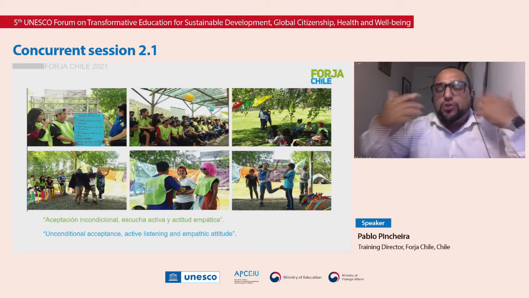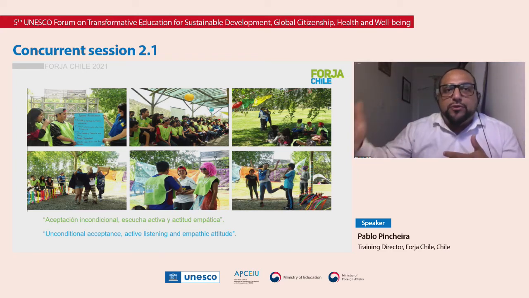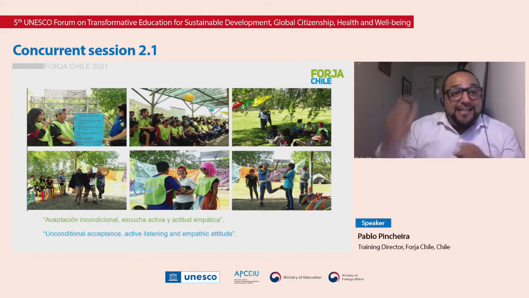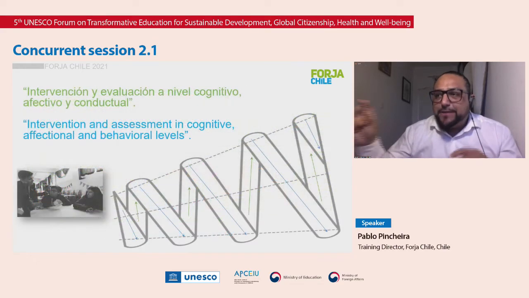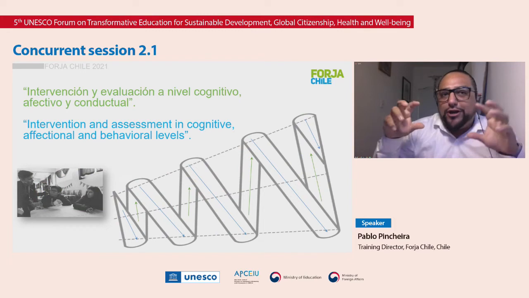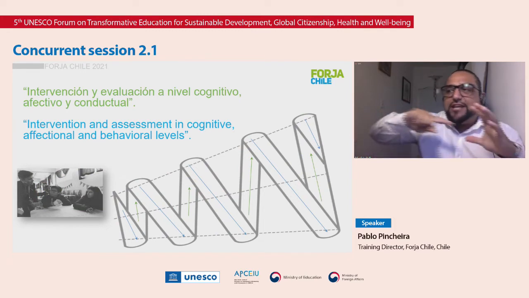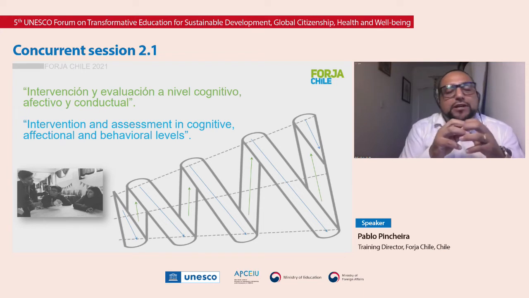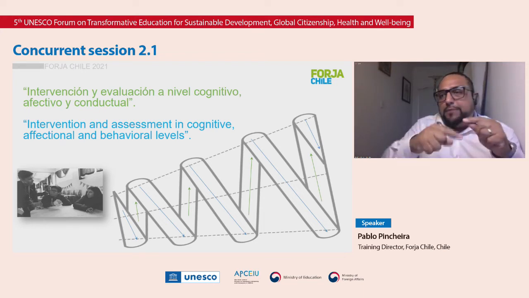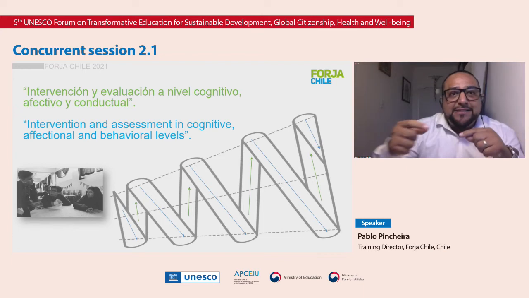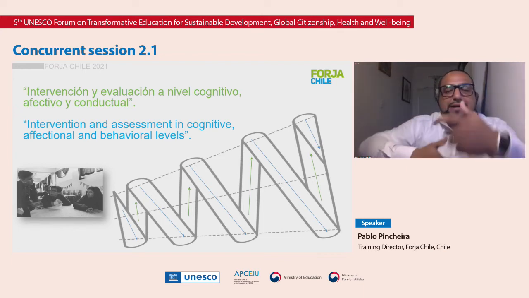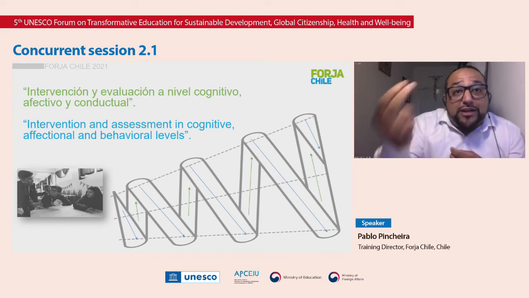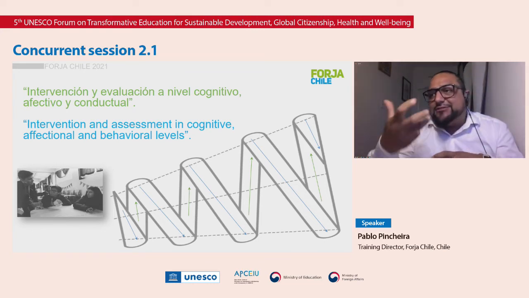So the first one was unconditional acceptance. The second one was active listening. So it was about listening to one another and focusing on the message. And number three was empathy. And we had this outdoor activity, and different games and tasks were used.